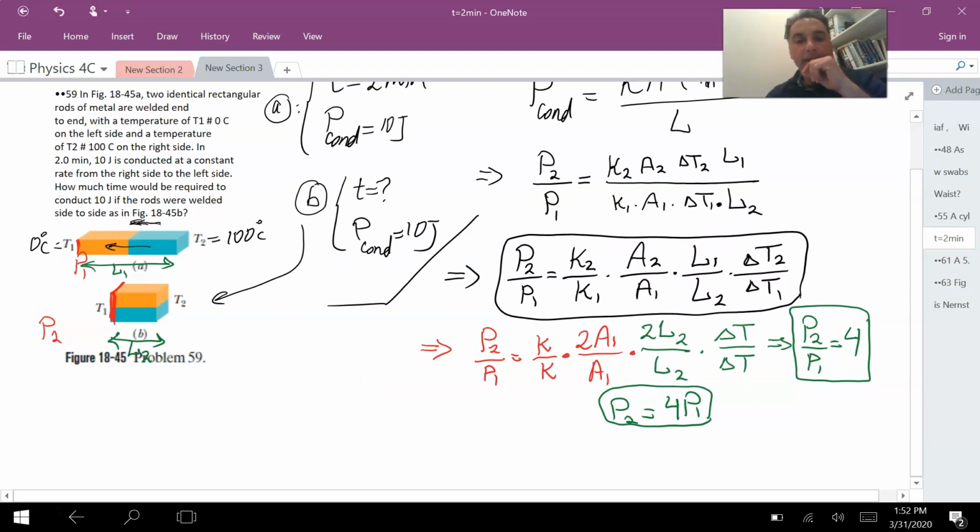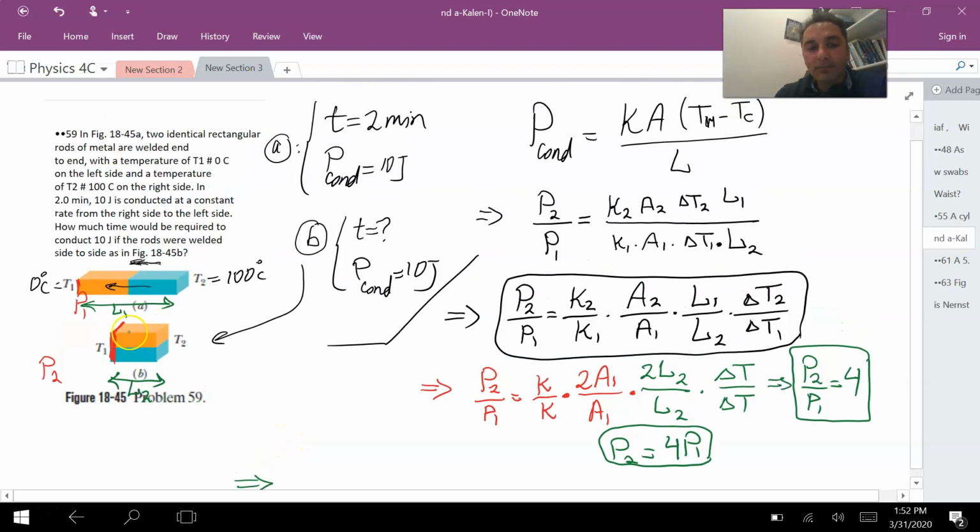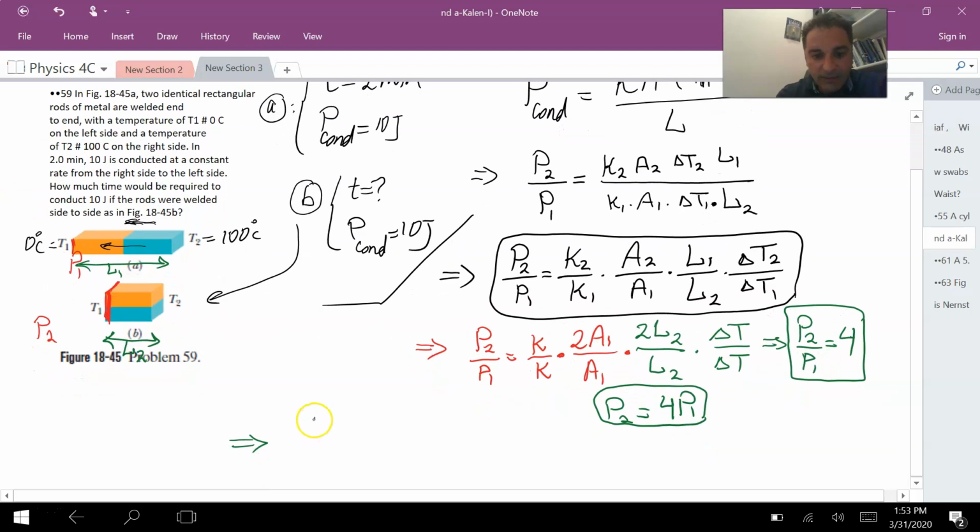Now you tell me, guys. Question, it's conceptual here. It says, how long does it take, the difference between picture B and picture 1? In figure 1, 10 joules get conducted in 2 minutes. So I'm going to make something like this. Watch. 10 joules in 2 minutes. We have this one in high school.